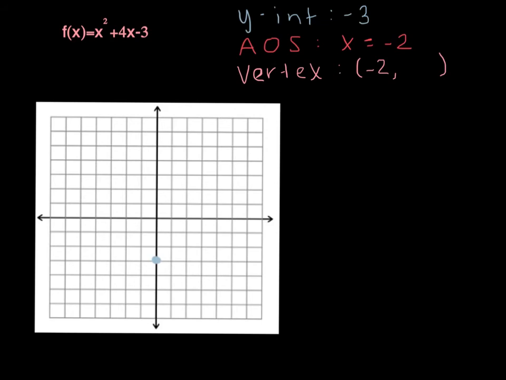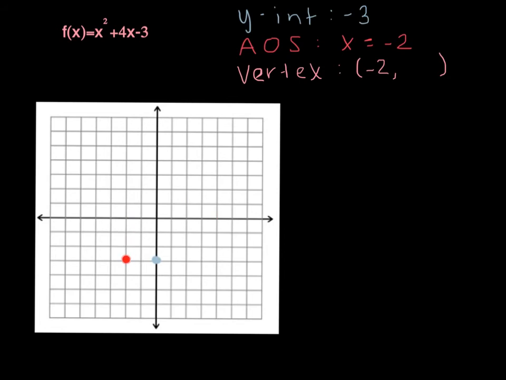This always trips people up a little bit. The axis of symmetry is going to be a vertical line, and when you have x equals something, it's going to be a vertical line, because this is our x-axis, correct? So if we find x equals negative 2, it's right in here. If I move down, is my x value still negative 2?